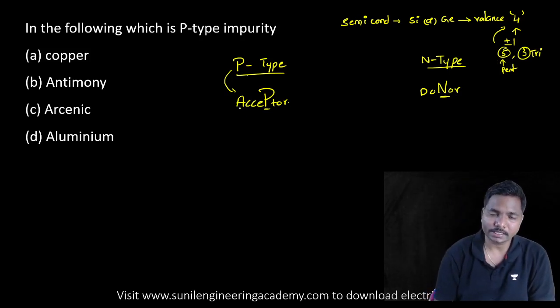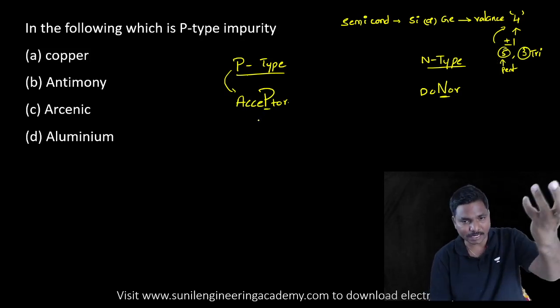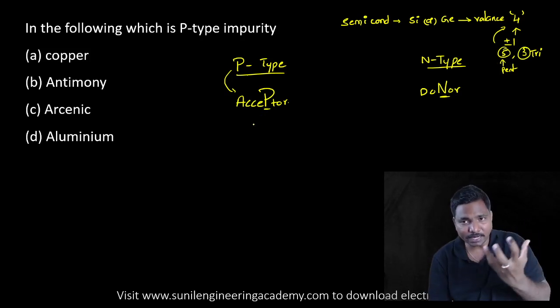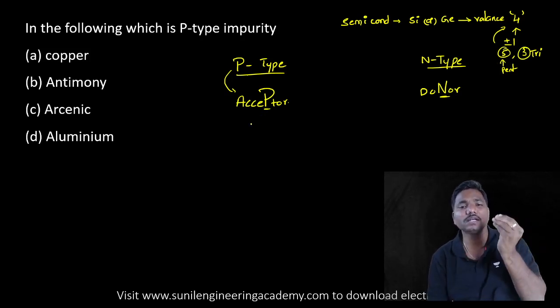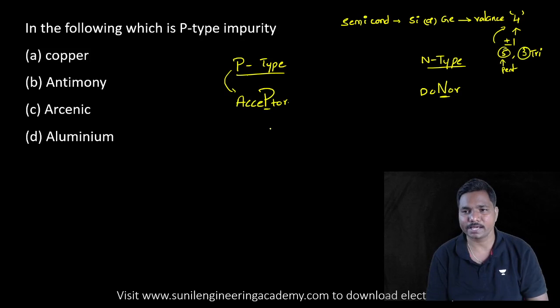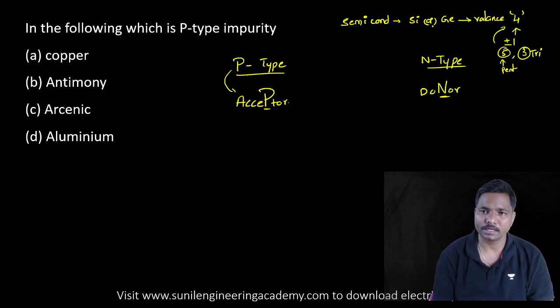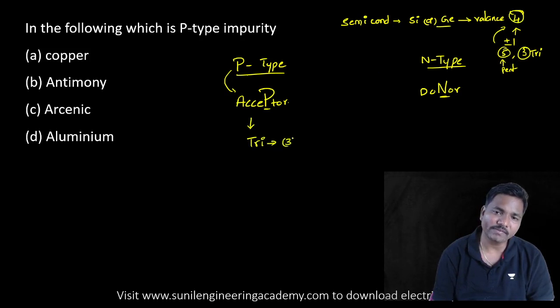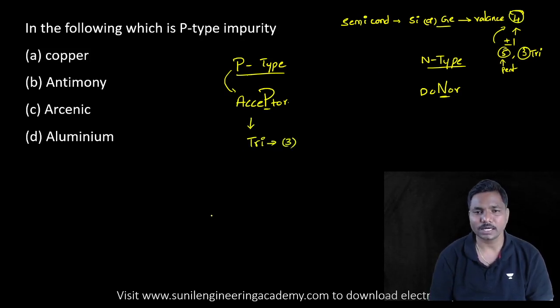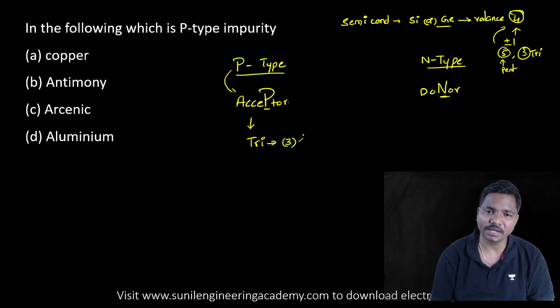Okay, so here these are acceptors. Acceptors means ready to accept. Whenever they have fewer electrons, they are ready to accept. For example, silicon or germanium have 4 valence electrons. If it has 3 valence electrons, then only they accept. So P-type impurities are trivalent, that's why they are always ready to accept.